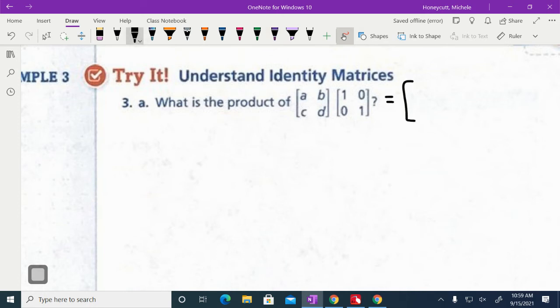Beat your math teacher. I'm going to do it really slow and show all my steps, so see if you can beat me.